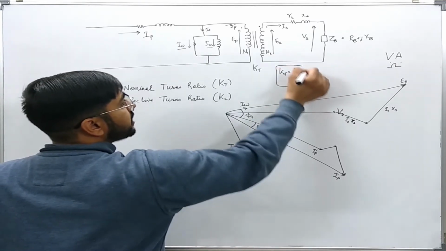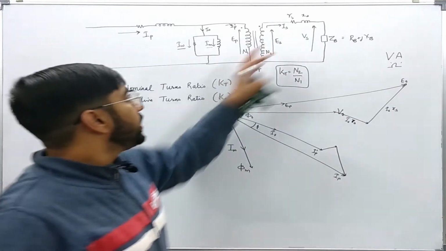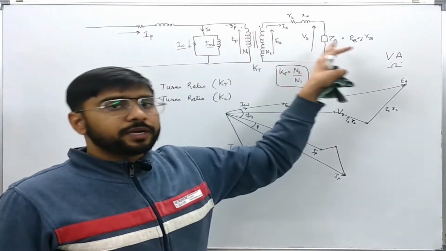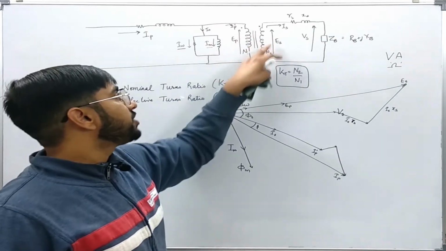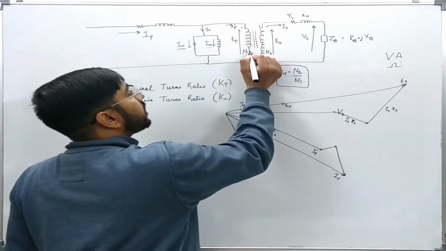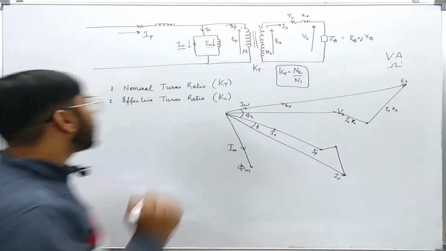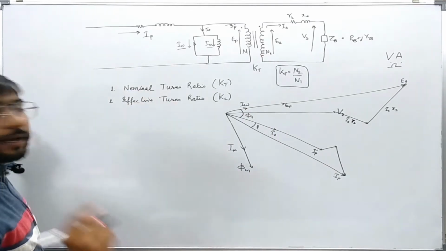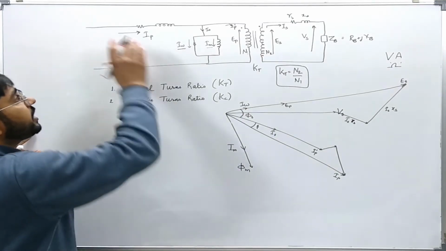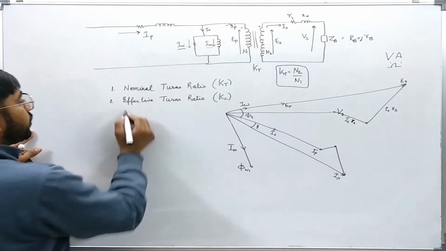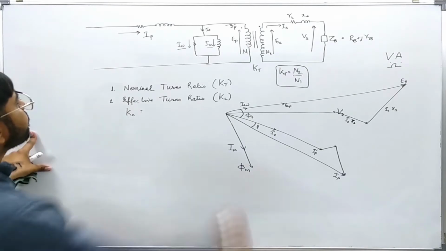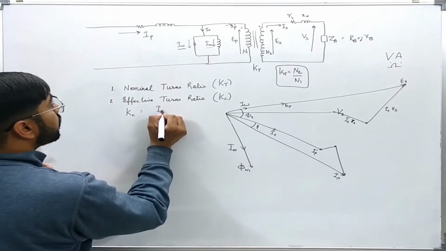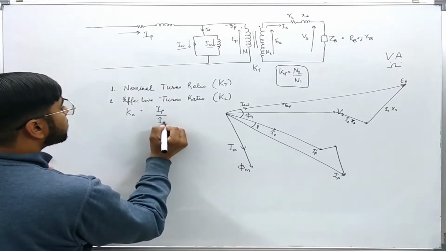So it is independent of the currents on both sides. It just depends upon the construction or manufacturing of the transformer. However, Kc depends on the current levels. Kc is usually IP over IS.